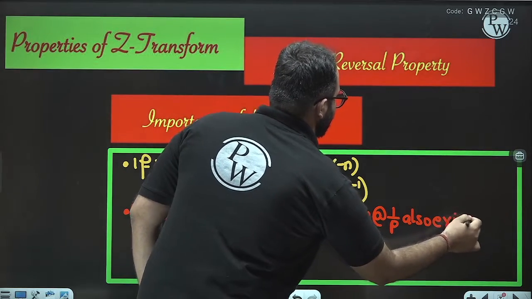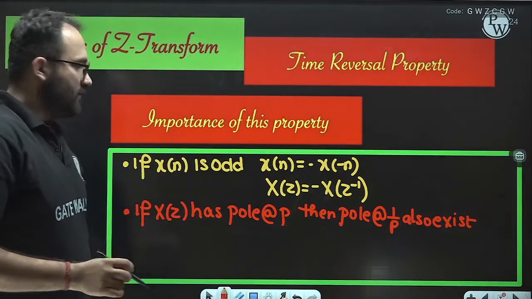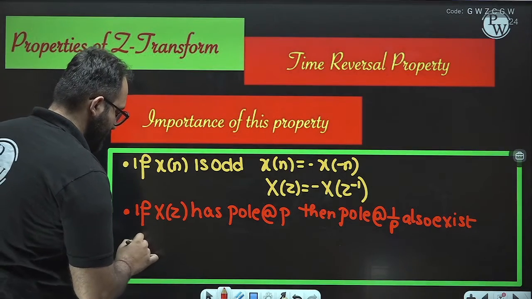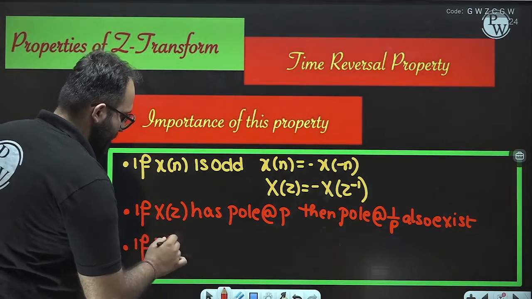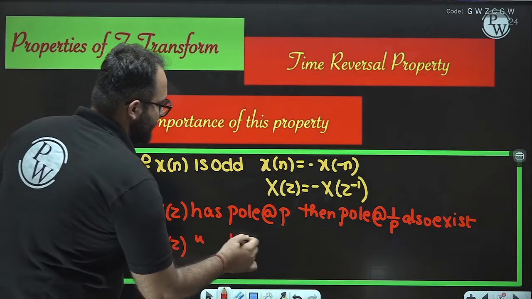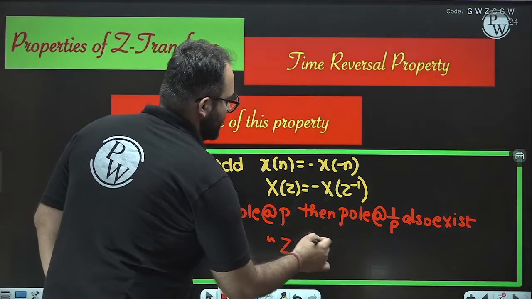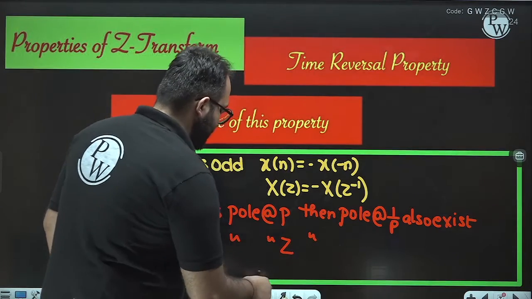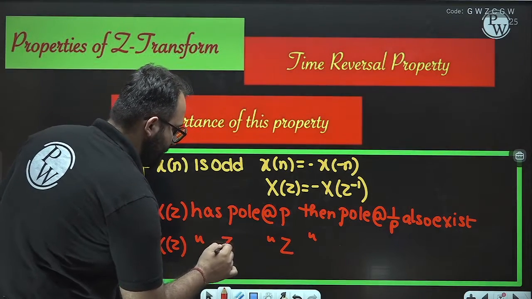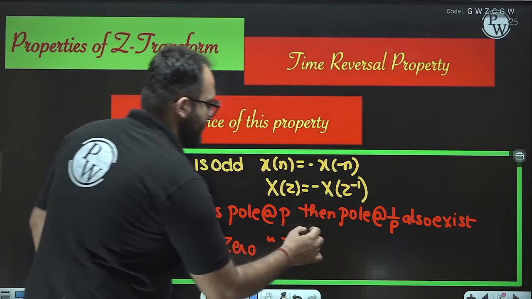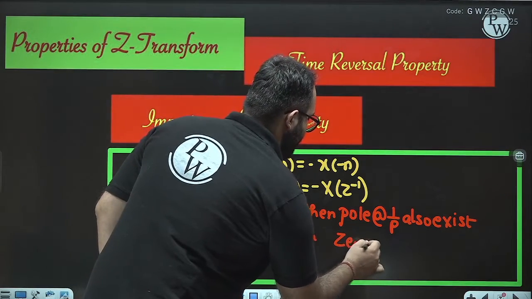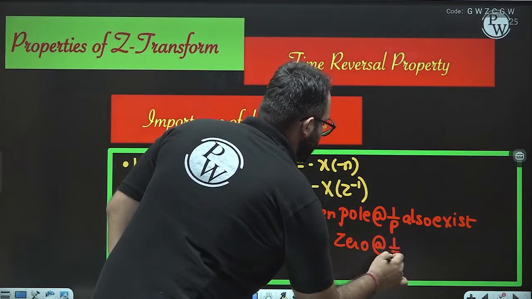Same goes for zeros also. If X(z) has a zero at z, then a zero at 1 upon z also exists.